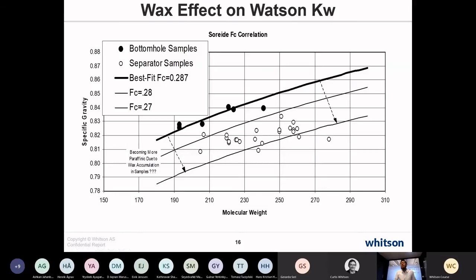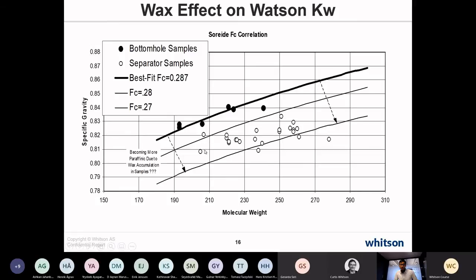Because when you collect samples at the surface, you have low temperature at the separator, and the samples that you are collecting may have too much wax or too little wax, and the density and molecular weight measurements on the flashed oil from those separator samples can be affected by that wax. When you're doing the density measurement, if you have collected too much wax, you will get a lower density measurement, because wax components are usually very paraffinic and have lower density.